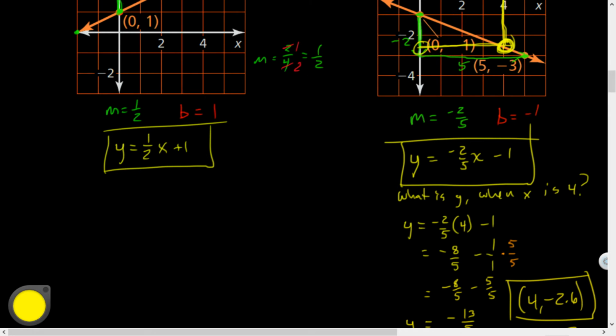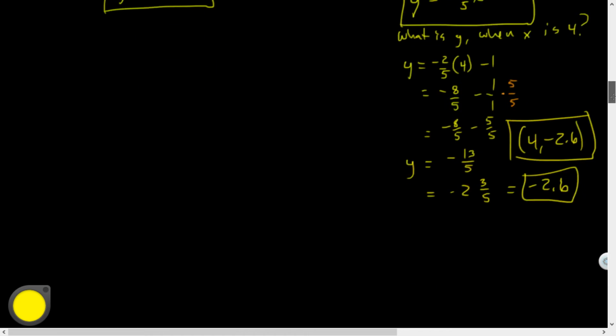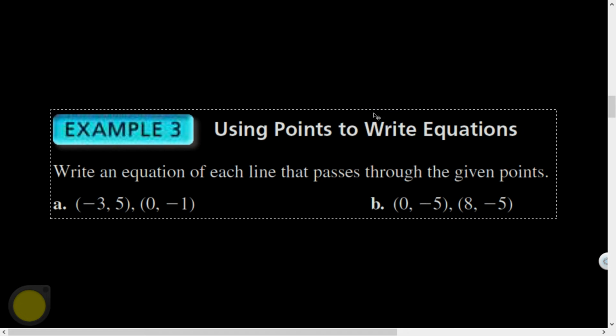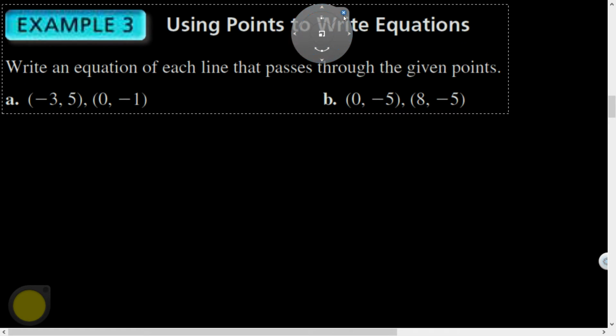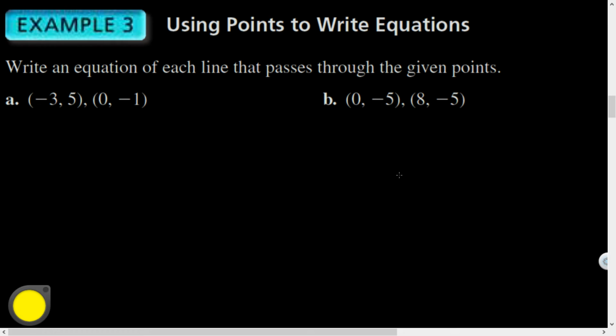Okay, all right, here we go. Last example, example 3. And then we'll have some time to practice here. Did I mess up? Uh-oh. Did I skip example 3?